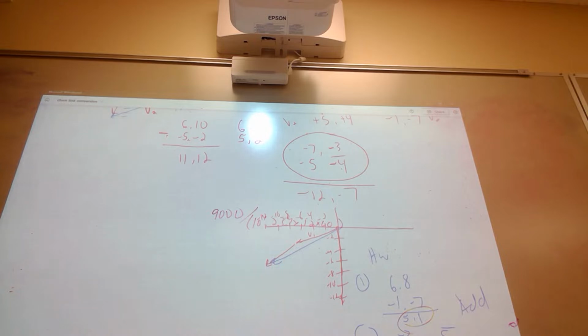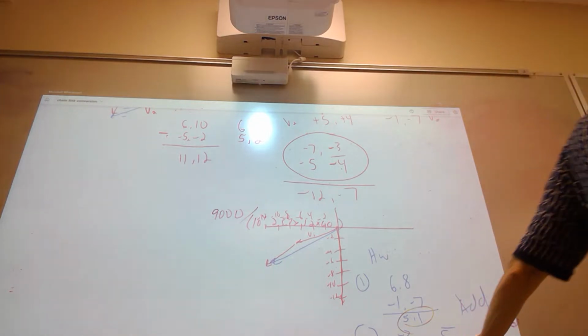And then from the end of -3, -5, which points into the third quadrant, you draw 2, -6. So -3, -5. Now you're going right 2 and down 6 from the end of that one.